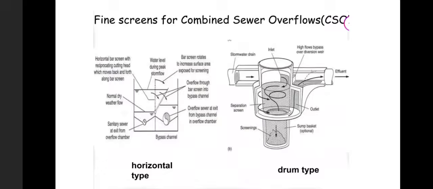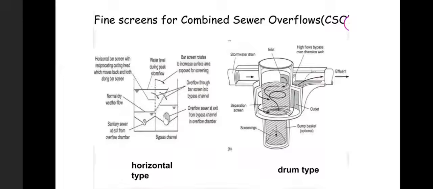But when coming to the drum type, there is a vortex. That means a vortex has been created, a cyclone or typhoon type of flow. This flow helps in settling the particles at the bottom, and the water is sent to the other end. Here we can see the influent wastewater coming from the left side, and it is let into the drum type of provision.